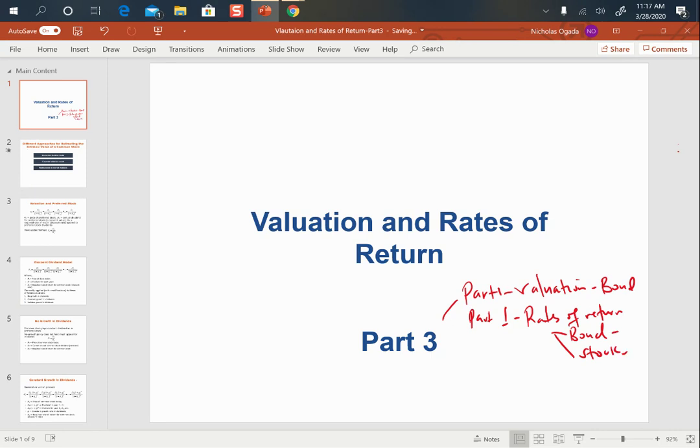And bonds, again, you're familiar with the yield to maturity or the yield rate and so on. So in this presentation, I'm going to cover the second aspect of valuation, and that is how we value preferred stock and also how we value common stock.